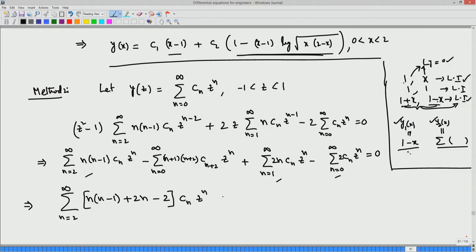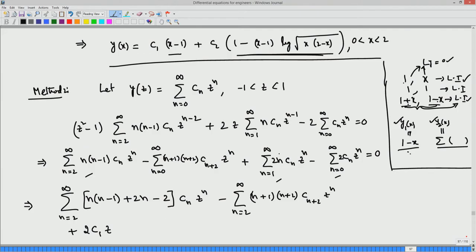This I write as it is, n from 2 to infinity, n plus 1 n plus 2 C n plus 2 z power n. So, what is left when I picked up from n equal to 2? Here I wrote 2 to infinity, but 1 I did not write. So, n equal to 1, you have 2 C 1 z.